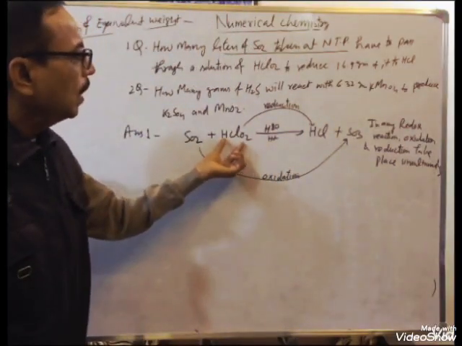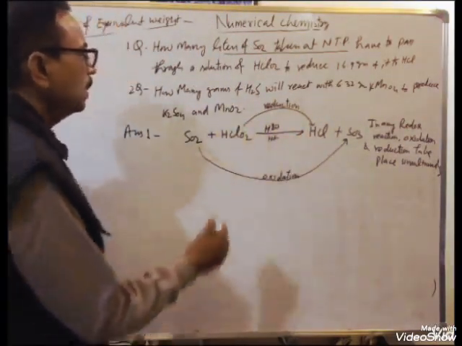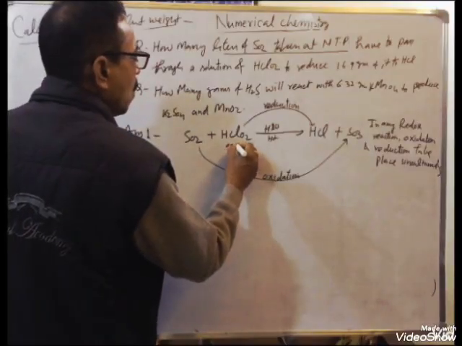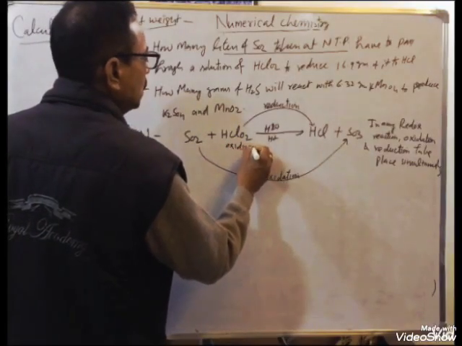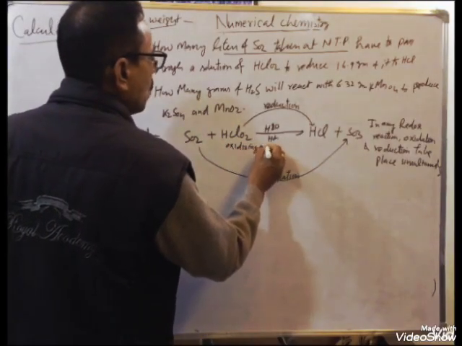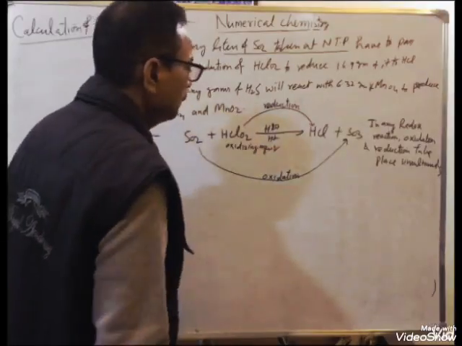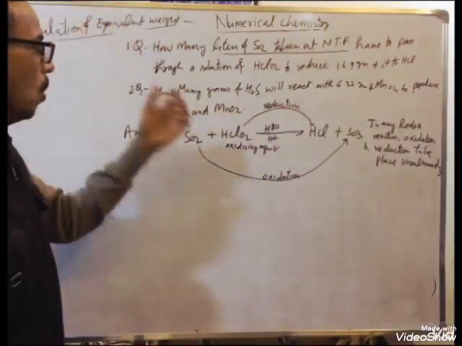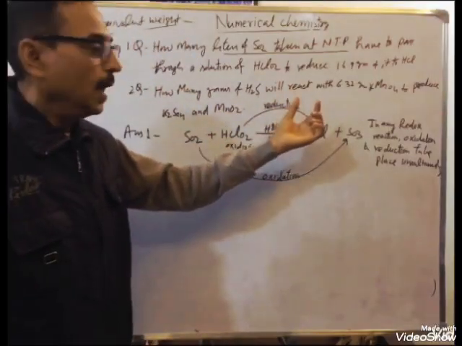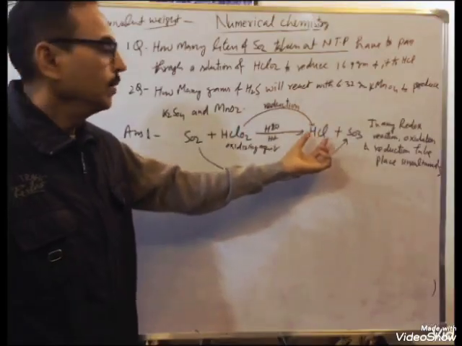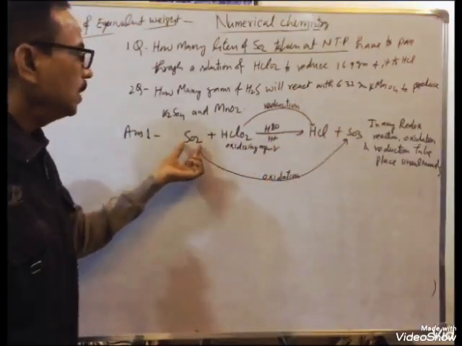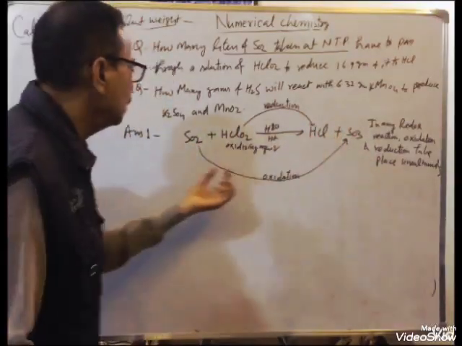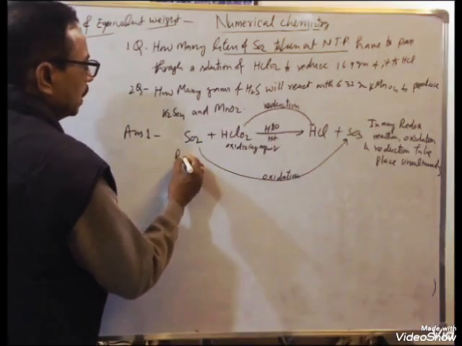This is reduced to this, it means it is the oxidizing agent. What is an oxidizing agent? It oxidizes others and reduces itself. Similarly, this is the oxidation reaction, so here it is the reducing agent.